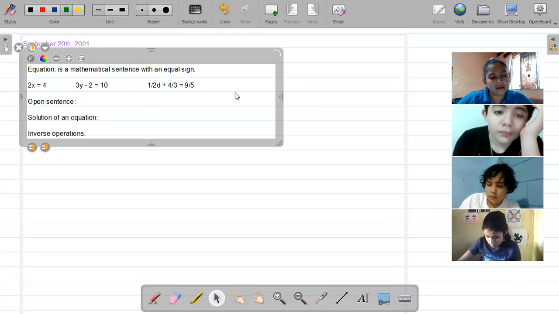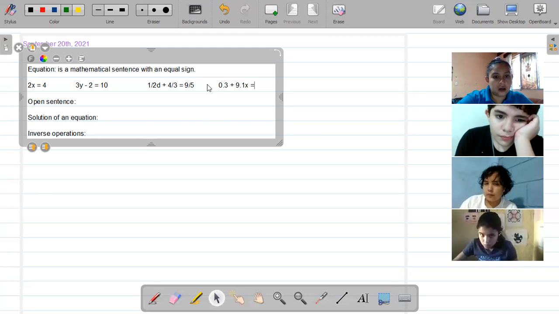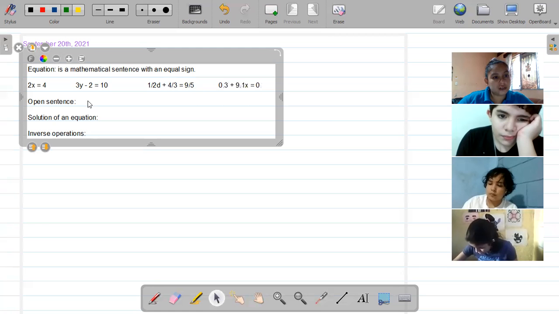All of that is a mathematical sentence, which is called an equation. You can also have decimals. As long as you have an equal sign, everything is possible, okay? So those are examples of equations.